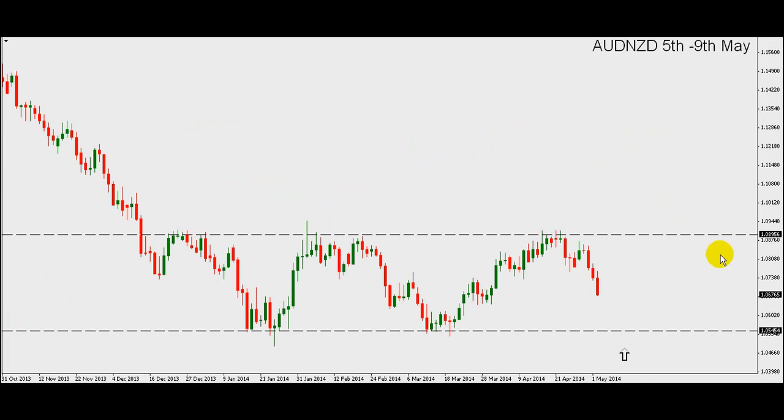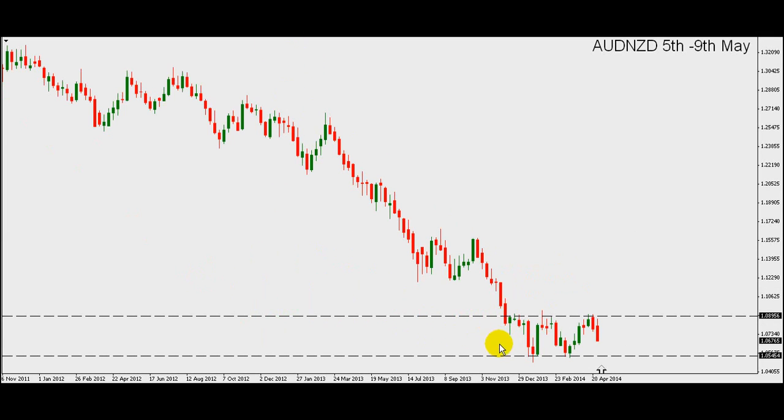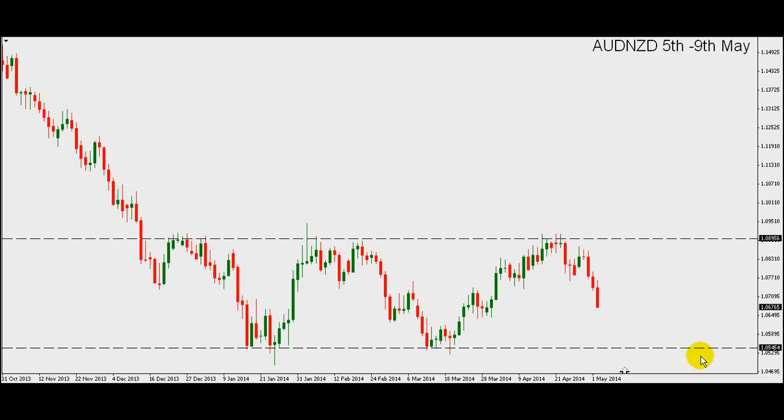So on to AUD NZD. You can quite clearly see the range this is in here. If you look at the weekly chart as well, this kind of range is also appearing on this chart. So you've got the 1.0545 level for long positions, just here.